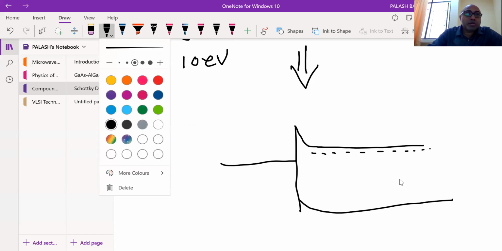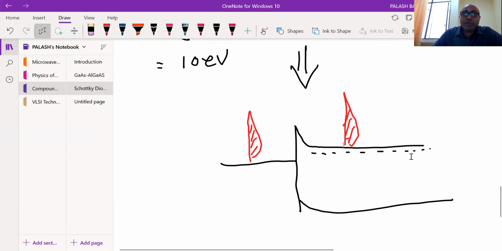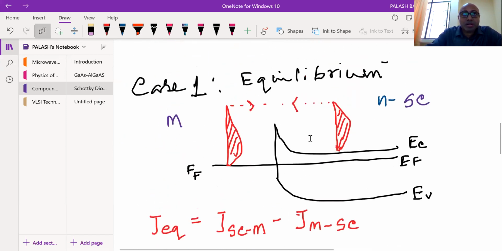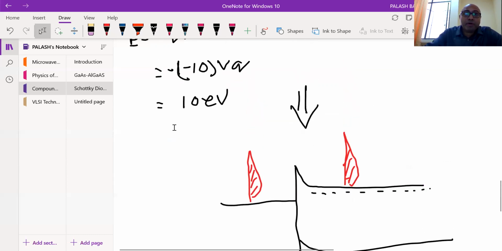Now you draw the energy. Earlier, when it was in the equilibrium stage, you remember these things were balancing each other. Now, the moment you apply voltage, maybe your balancing is happening over here.